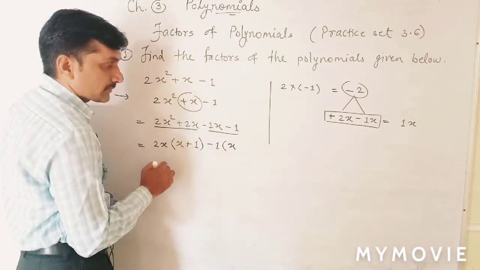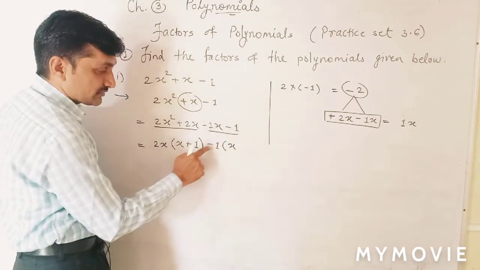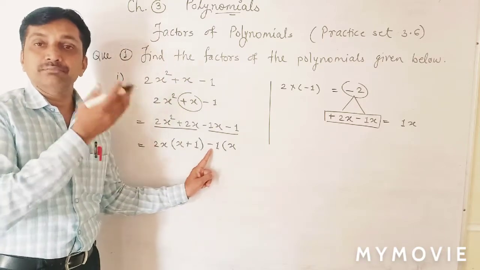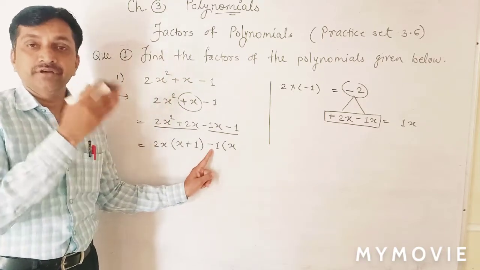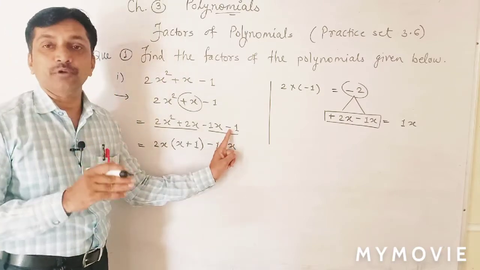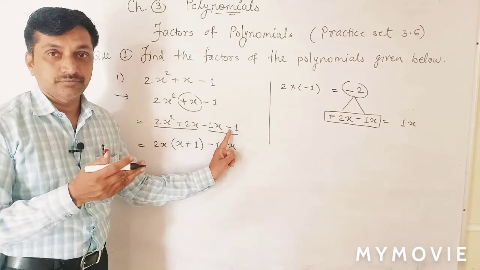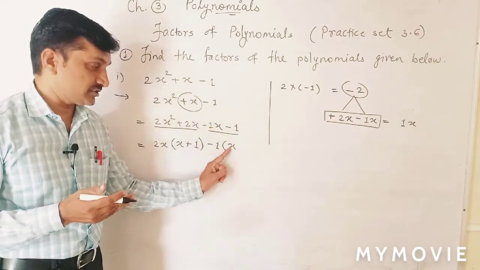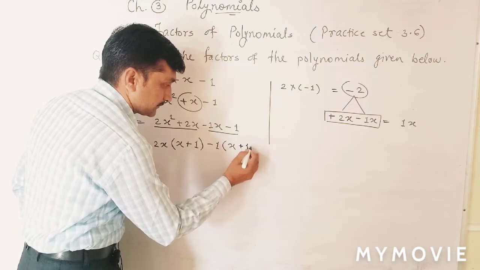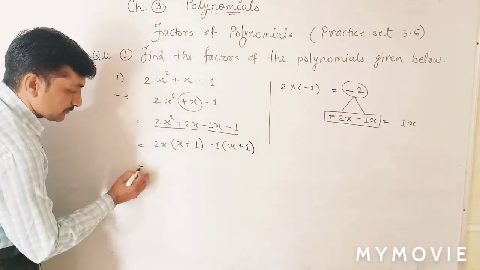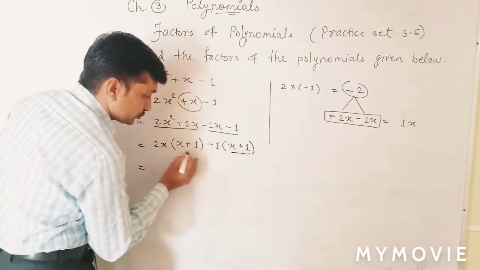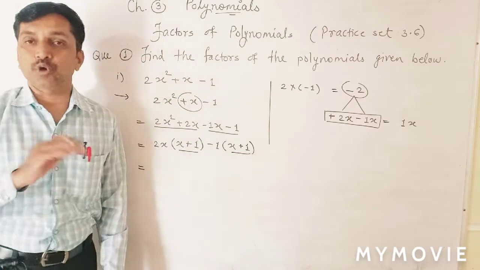x. Now see here the sign is minus, but we have already taken the minus sign out. When we write the minus sign outside of the bracket, we have to change the sign of the last term. This is already changed, this also will change, so the last here will become plus 1. Next step, now here and here x plus 1 is again common.